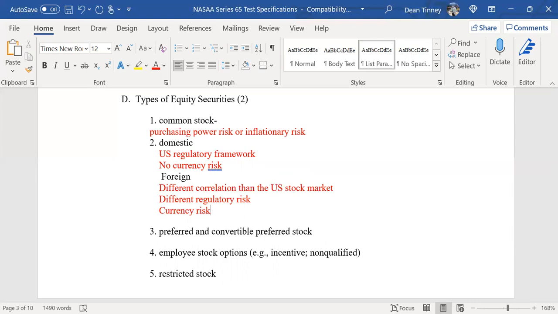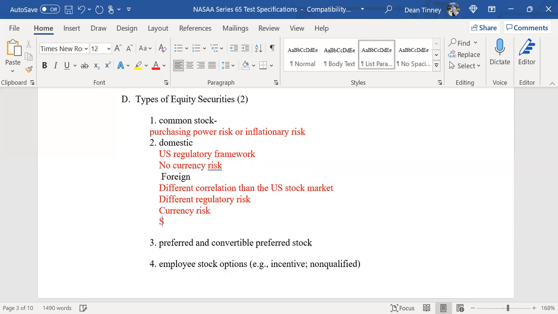So we have currency risk in those foreign securities. We have sovereign risk. I mean, maybe the country nationalizes, takes over a company that we are an owner of in one of these foreign venues. So we have a sovereign risk. And sometimes that's the same as saying political risk.